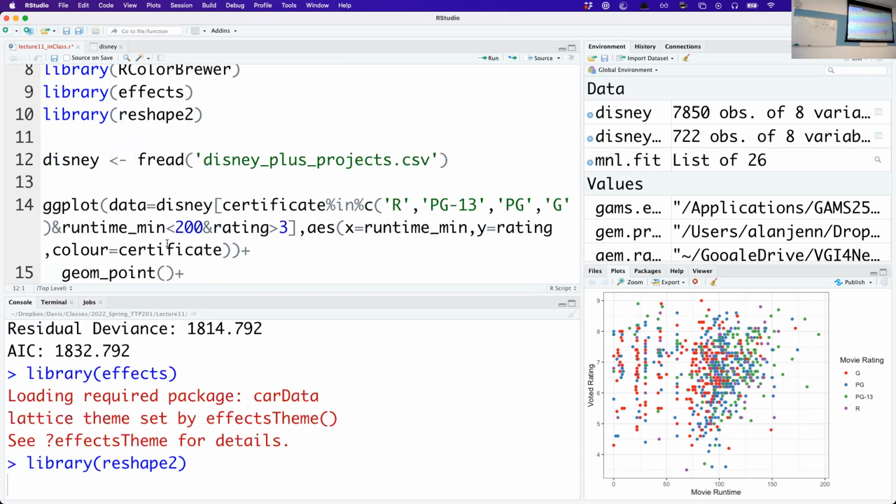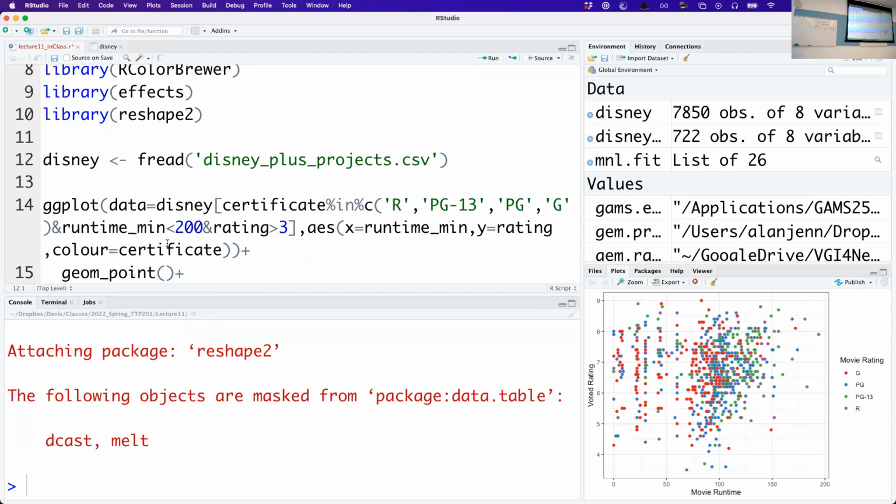So reshape is just the package that lets us do melting and casting. And effects is a special package that I'm going to be using in order to essentially do this prediction across ranges of values.